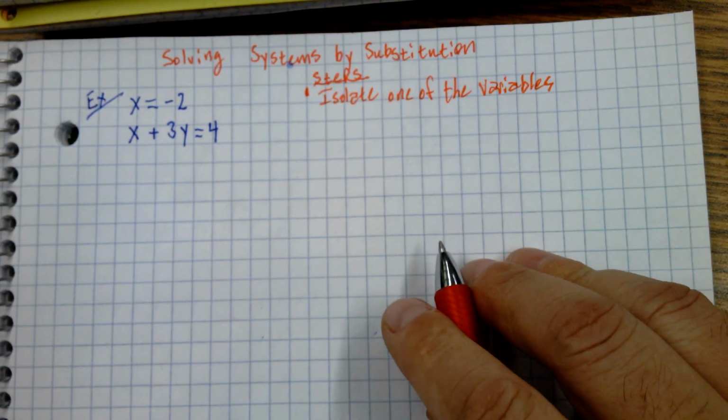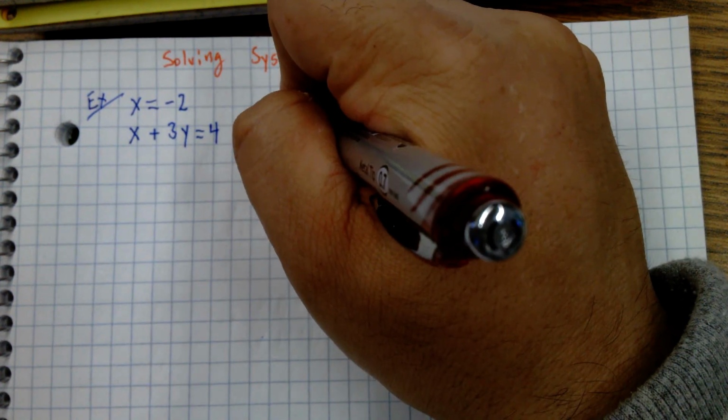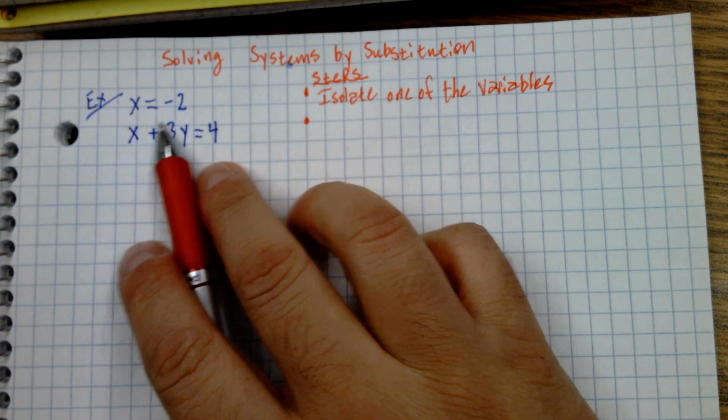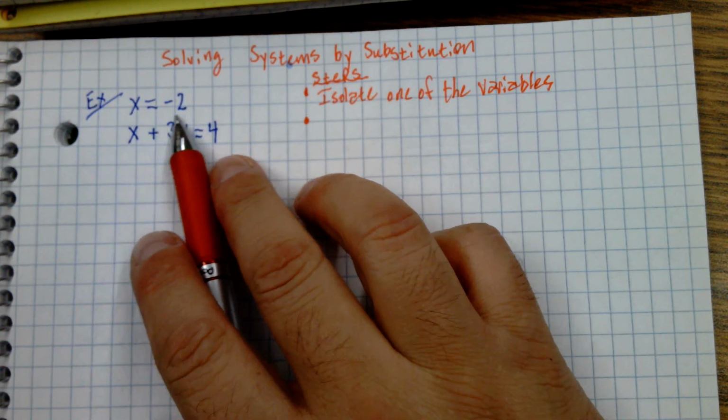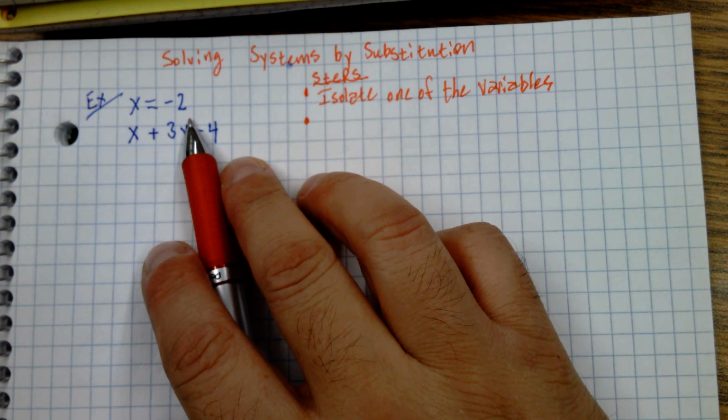By the way, in most of our equations, at least at Math 8 level, one will already be isolated, if not both.